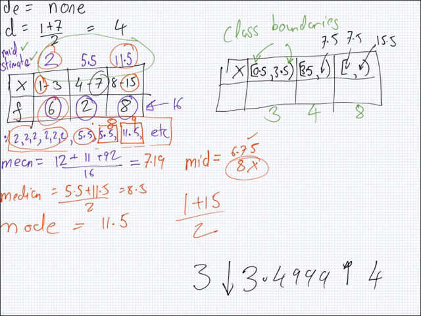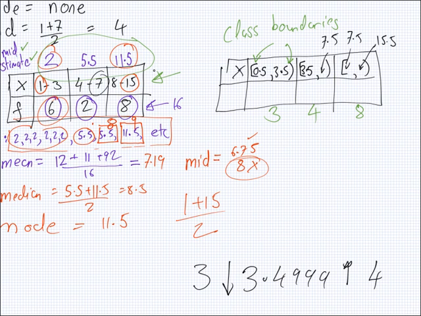Now, the reason I'm giving you this vocabulary is because in the exam I've seen questions like this before. They would give you this table and they would say something like, what is the lower class boundary for the middle box? 3.5.